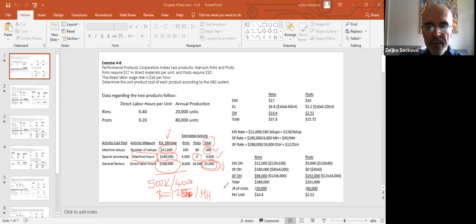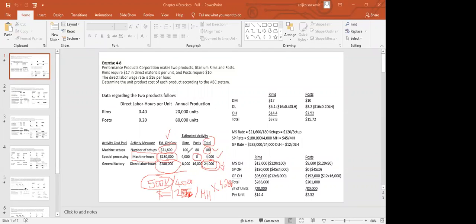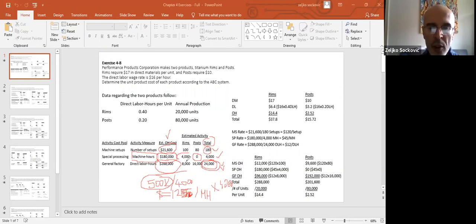Only rims, which means you would do 125 times 4,000, and you would get back to 500,000. And these 500,000 in cost would go to which product? The rims. So the rims would take all $500,000 in overhead cost.